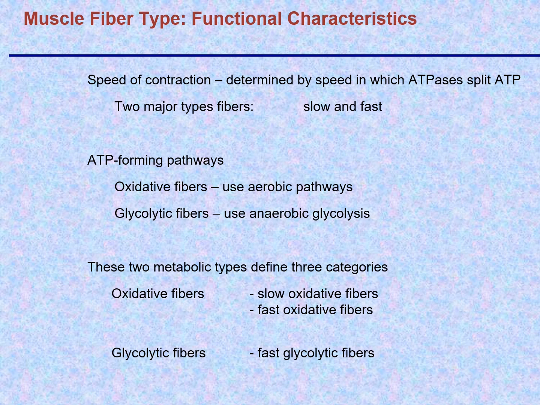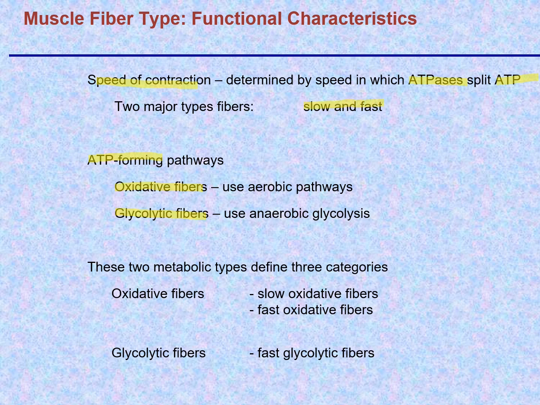And this all refers to the activity of ATPase splitting ATP. In terms of formation of ATP, you have oxidative fibers and you have glycolytic fibers. So there are two things to consider: the speed of contraction, which is dependent on the enzyme ATPase splitting ATP.